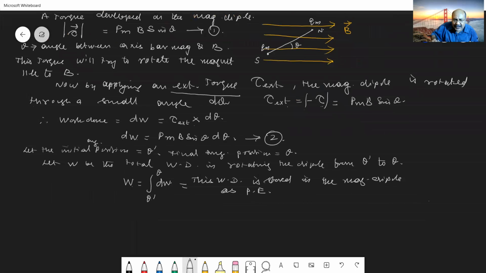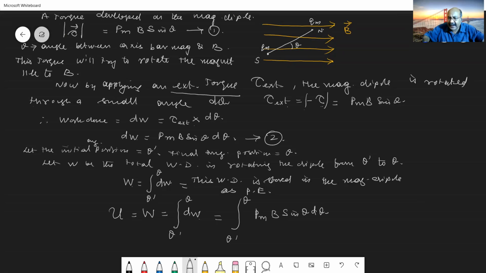As we know, potential energy is represented by the letter epsilon, which is equal to the total work done W, which is equal to the integral of dW from theta dash to theta. What is dW? You take equation 2 and substitute it here: Pm into B into sin theta into d theta.